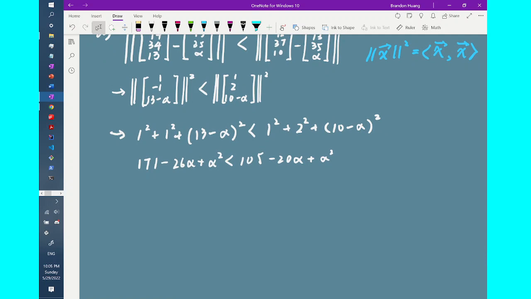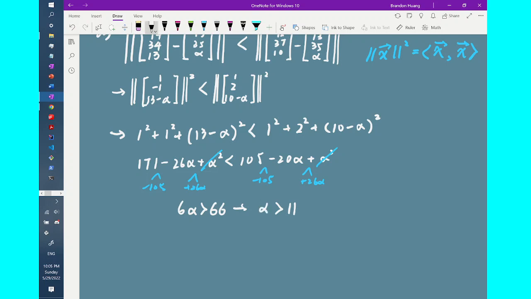And now I'm going to simplify it further by crossing out alpha squared from both sides, and I'm also going to subtract 105 from each side. I'm also going to add 26 alpha to each side, which will then grant me an inequality that looks like this, and gives me that alpha is larger than 11.